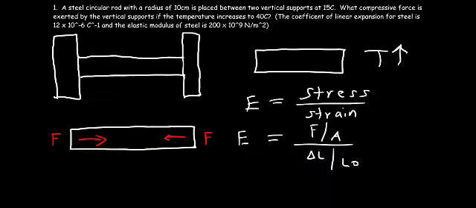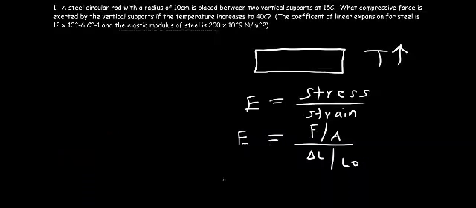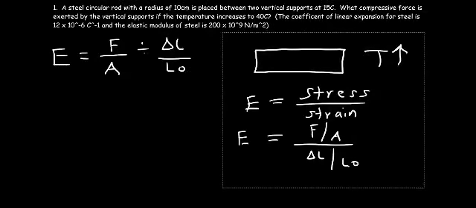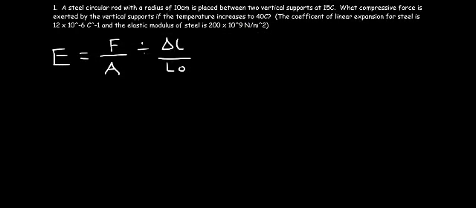So in this equation, let's isolate F. First we need to rearrange this fraction. Right now we have that E is equal to F divided by A, and that's divided by the change in length over L0. Now in algebra, perhaps you heard of the expression keep, change, flip.